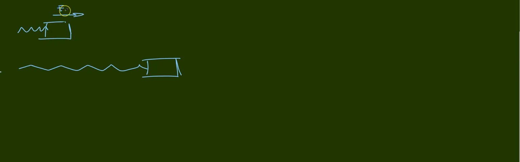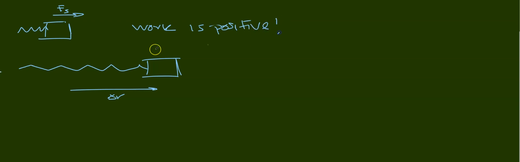Notice the force of the spring is pointing to the right and the displacement is also pointing to the right. So the work is positive. Right? Because cosine of theta is cosine of 0, which gives you positive 1, and the work is positive.